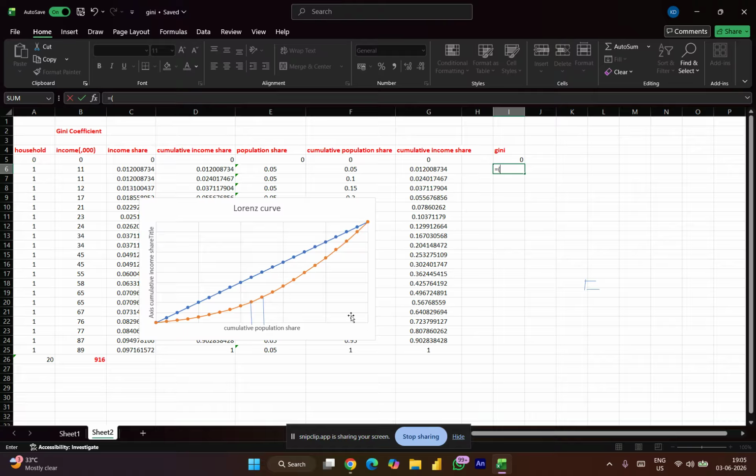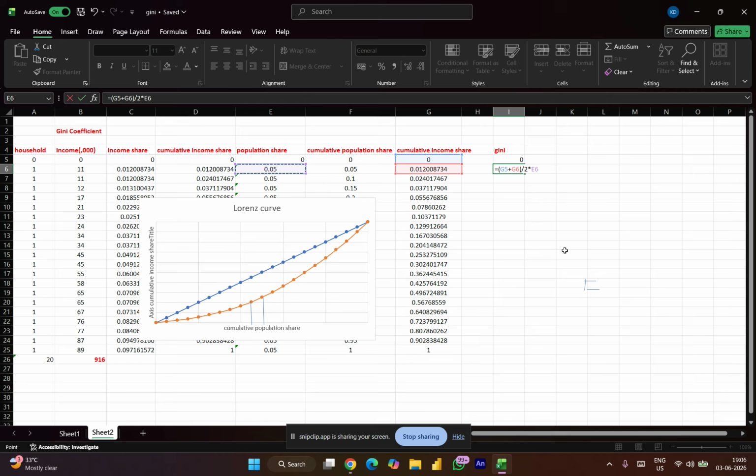We take this value plus the next value, divided by 2, that means the average value, multiplied by the breadth, because area is length into breadth. All the breadths are the same, because all breadths are 0.05.